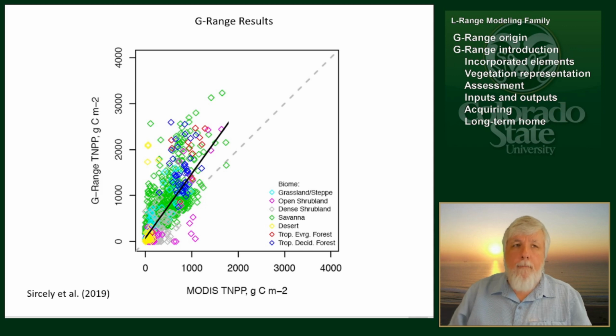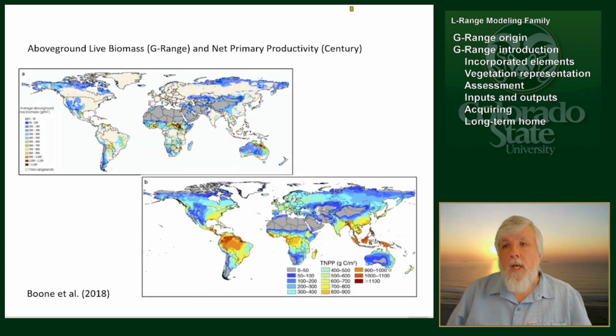In my own work, I compared the G-range global model to a suite of 11 surfaces that were either from remotely sensed data or from well-regarded simulated results. And ultimately produce images like this, which include above-ground live biomass and net primary productivity for the globe and for rangelands, and a whole suite of outputs can be produced as well. In this case, the Boone et al. version included 1/2 degree pixels for resolution.